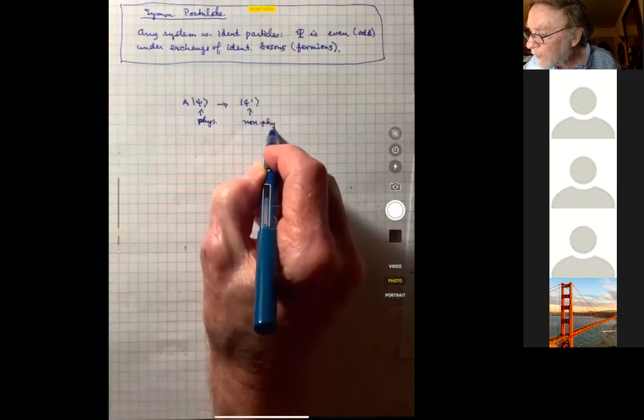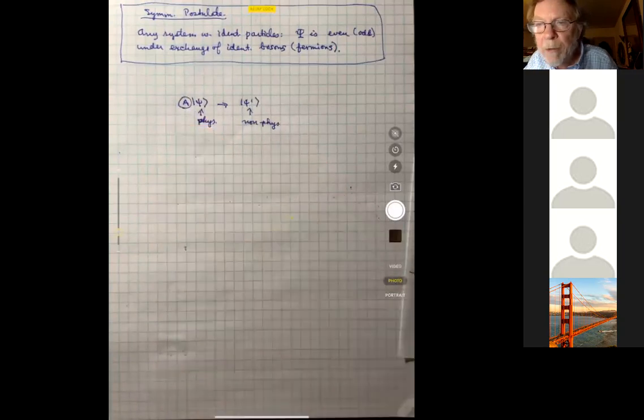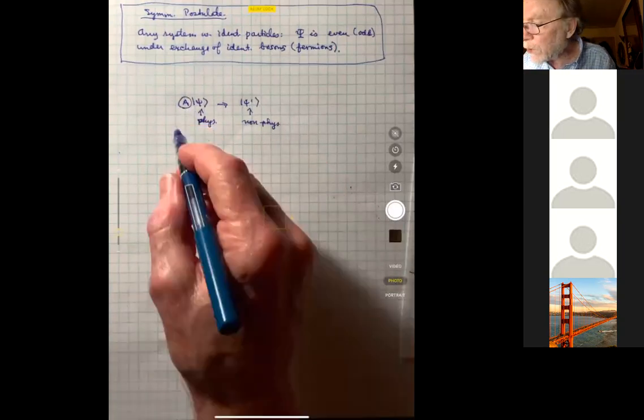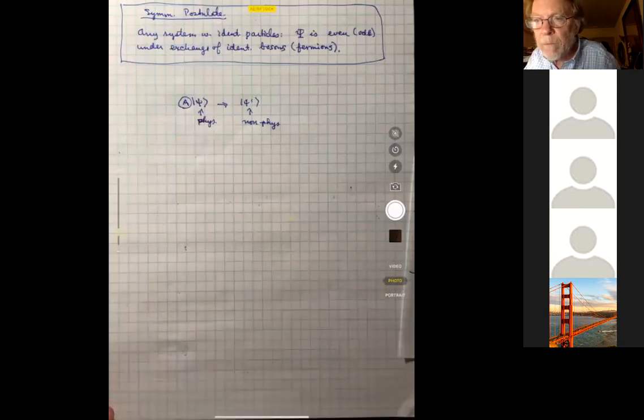If operator A did this, then we have to say the operator A is not a physical operator. Physical operators are ones that map the physical Hilbert space into itself. If an operator commutes with exchange, then it's automatically physical. It's easy to show that if it does so, it maps any vector in the physical subspace into itself. It commutes with exchange, so it's physical.